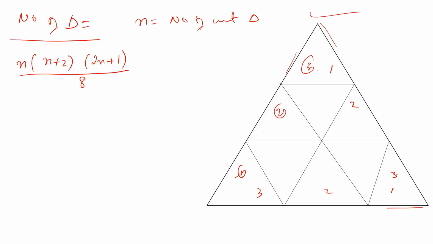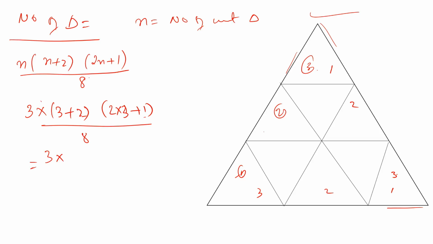N is equal to the number of subunits of triangle. So n here is 3, multiplied by 3 plus 2, multiplied by 2 multiplied by 3 plus 1, divided by 8. So 3 plus 2 equals 5, 2 multiplied by 3 equals 6, 6 plus 1 is 7, divided by 8.